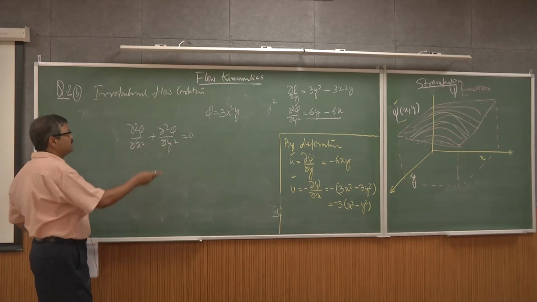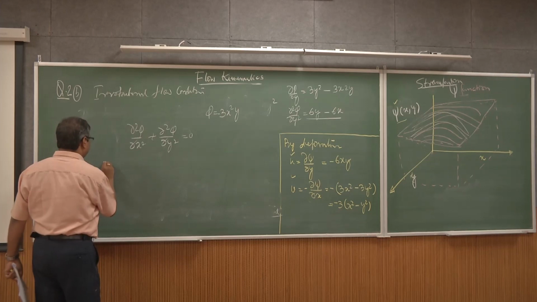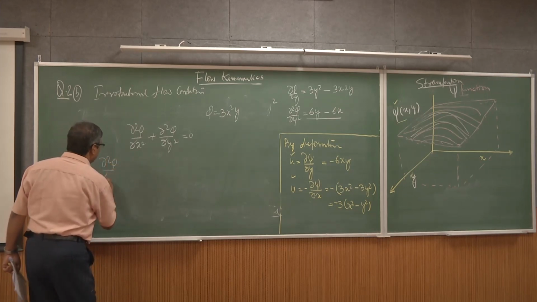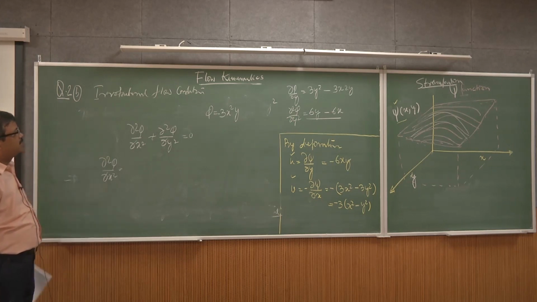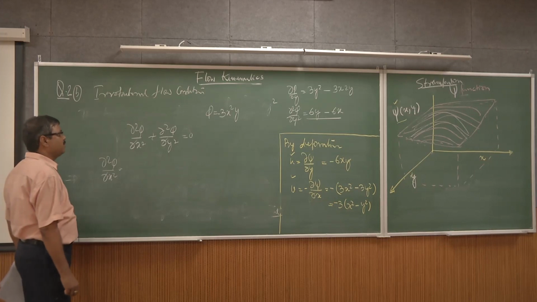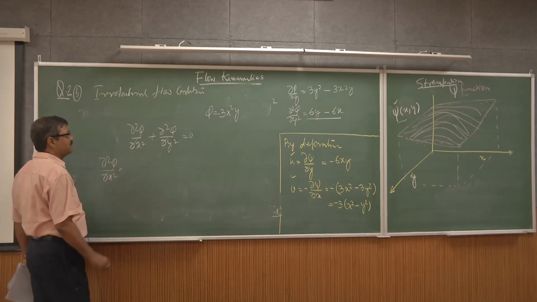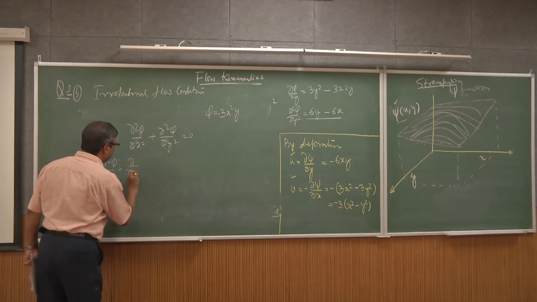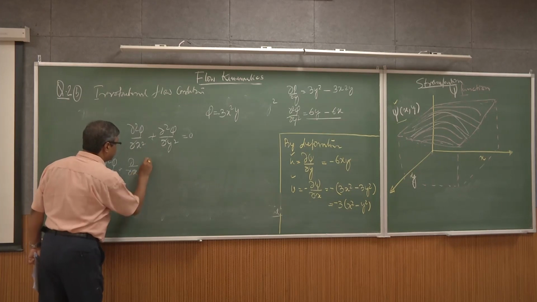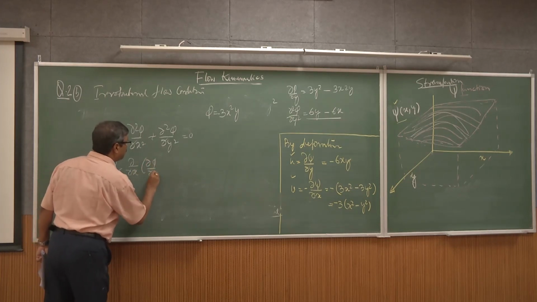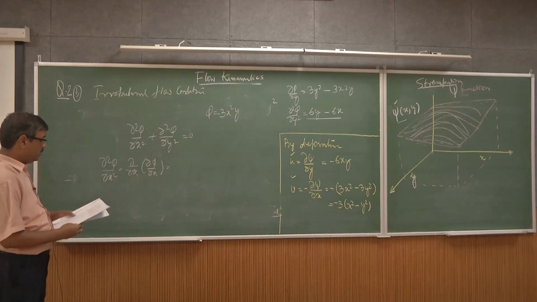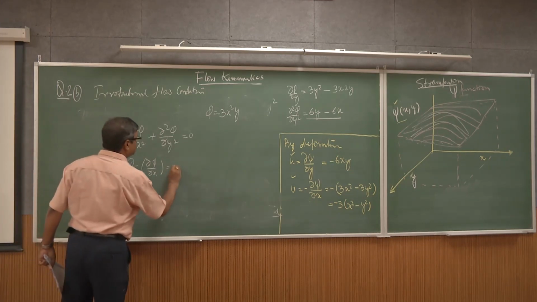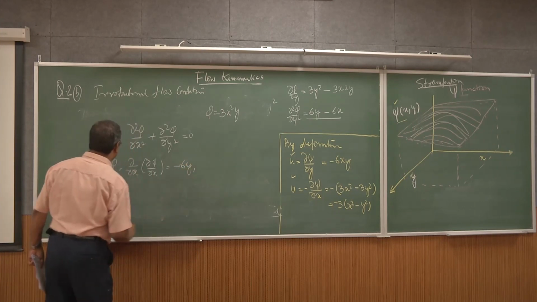If I substitute these again, computing the second partial derivative of phi with respect to x, that will give us, if I substitute these values, minus 6y.